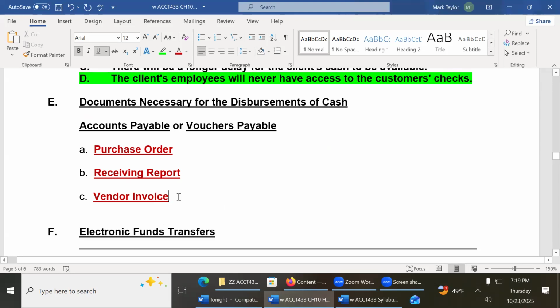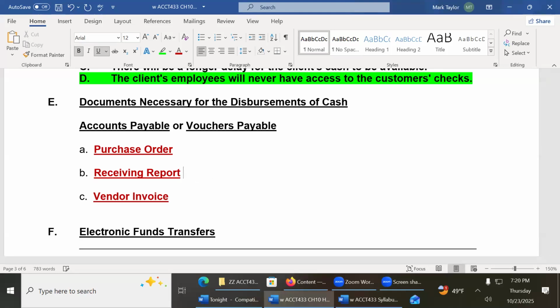Receiving report, we should have the quantity of physical goods. The purchase order would have what they ordered, and the invoice would have everything. Yeah, they may not have sent everything. Maybe they were out of stock on a few things. So we wanted to match the receiving report. What they actually sent is what they should be billing us for.